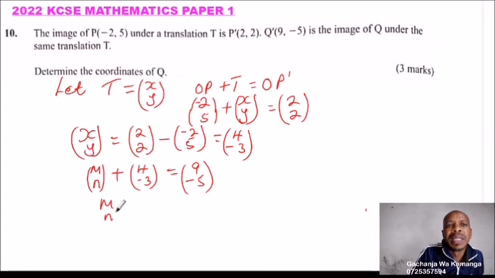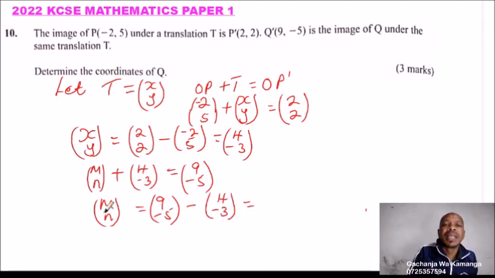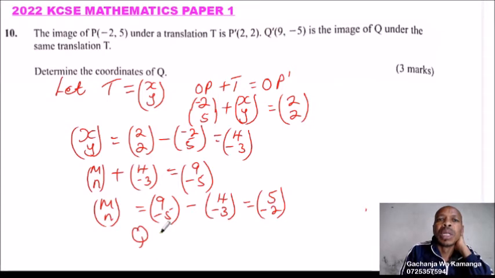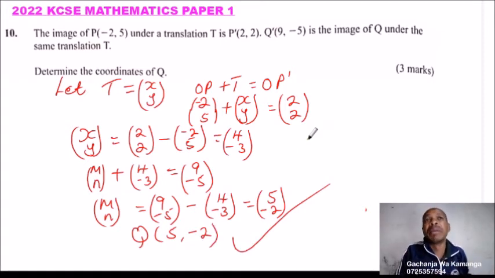So (m, n) equals (9, -5) minus the translation vector T, and that will give us OQ. So 9 minus 4 is 5, and -5 minus -3 gives minus 2. So the coordinates of Q are (5, -2), and by doing that, you will be able to get 3 marks.